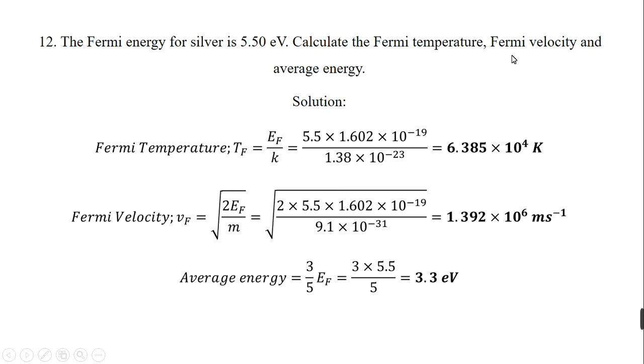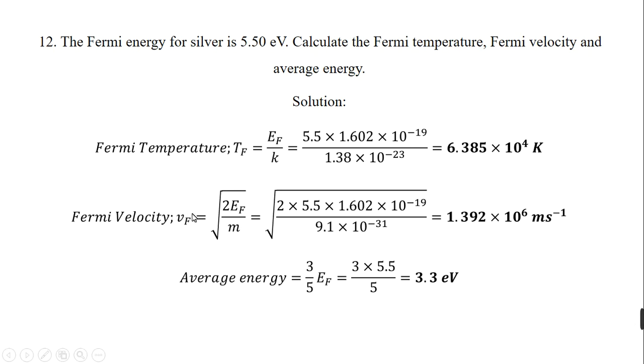Next we have to calculate the Fermi velocity. This is the formula I have written on the basis of kinetic energy: Fermi energy is equal to half mv square. Because we have an energy value with us, 5.5 electron volt, energy is equal to half mv square.